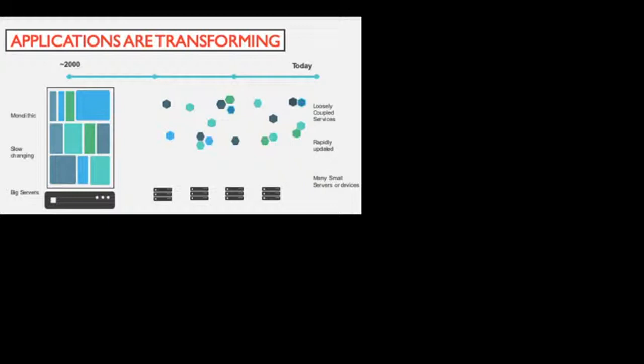So the applications are transforming from monolithic, slow-changing, big servers. Yeah, sometime in the 2000s, and then when you compare it with today, there is a lot of transformation in the kind of application.